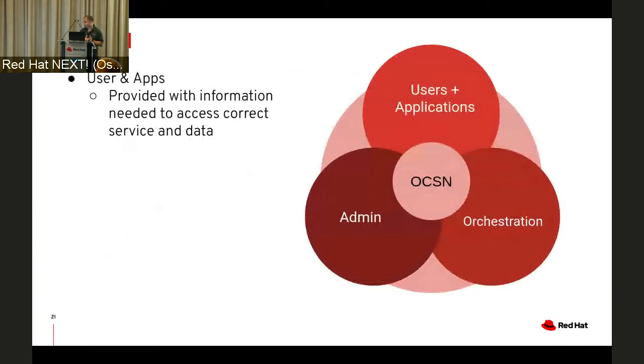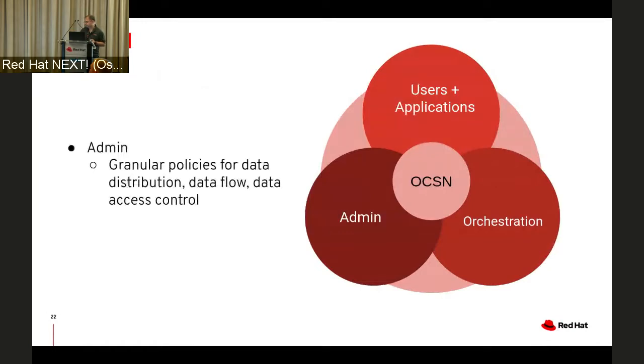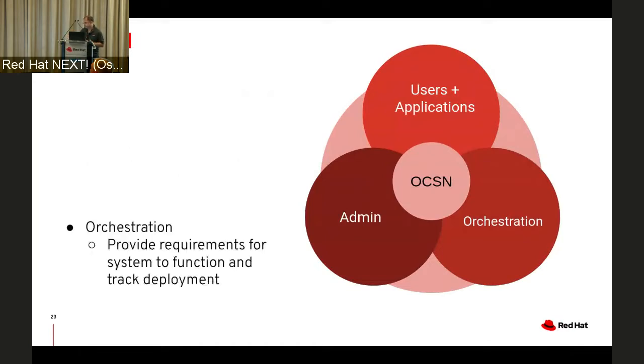So for the user and applications, it provides the information that's needed for them to access the service data. For the admin, it provides the ability to set granular policies about how data can be distributed or how it can be accessed. And it also deals with orchestration and provides the information that is needed for orchestration services to form and control the structure of the system and to ensure its correct operation.